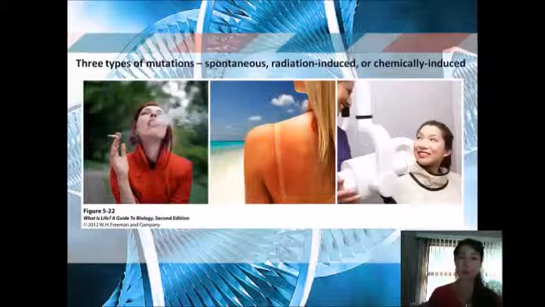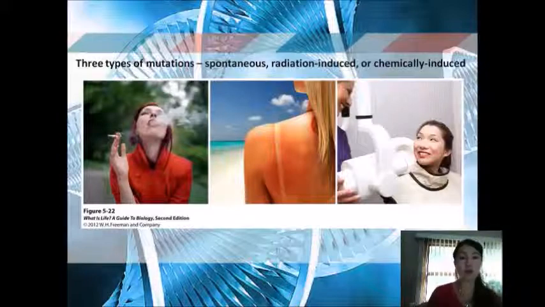Same thing happens with tanning. The sun, its rays are shining down on you, and they're radiating your body, and that's what makes the sun feel so good. And here, as you can see in the picture, she has her skin cells turning red because they have been radiated by the UV lights coming from the sun.